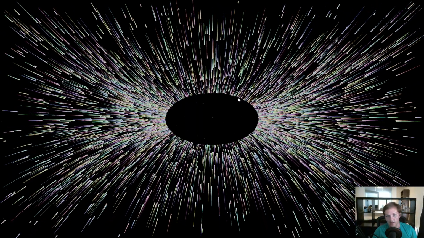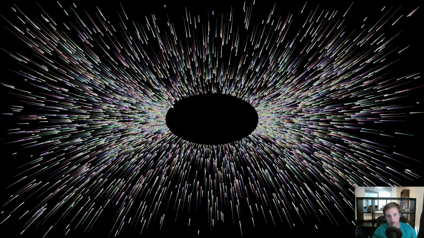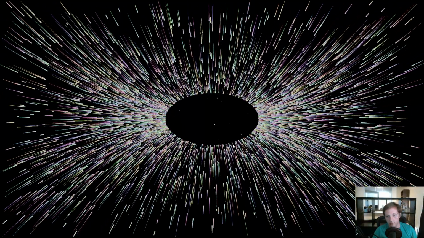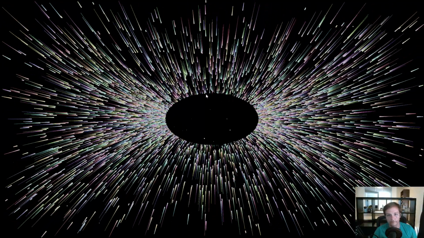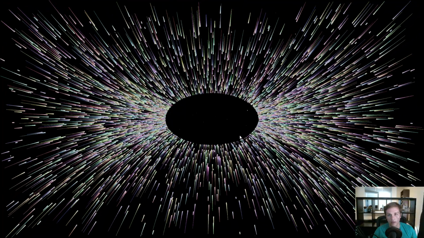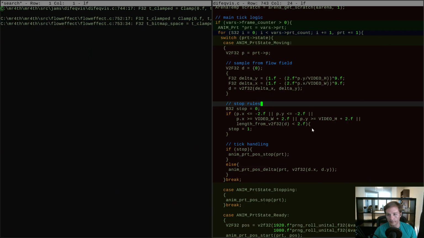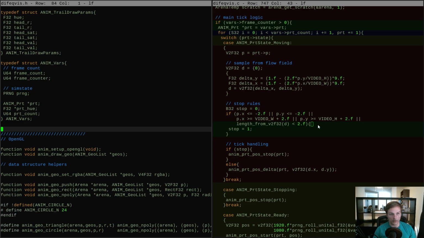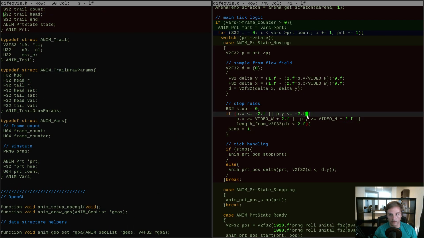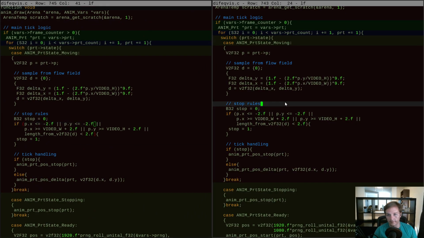And so this is the space where everything in here has a velocity less than 2, right? So what we might want to do is pull out, we calculate D from P.